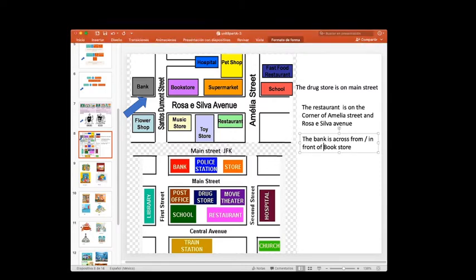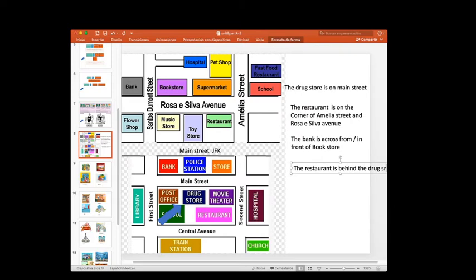What else? For example, the restaurant. This restaurant is behind the drugstore, or vice versa. Well, better the school. Yeah, the restaurant is behind the drugstore.